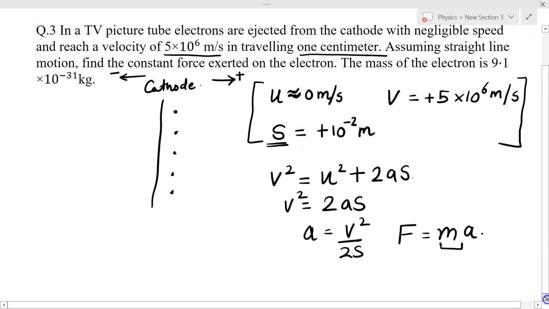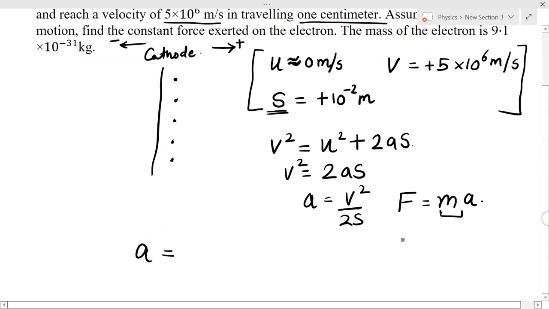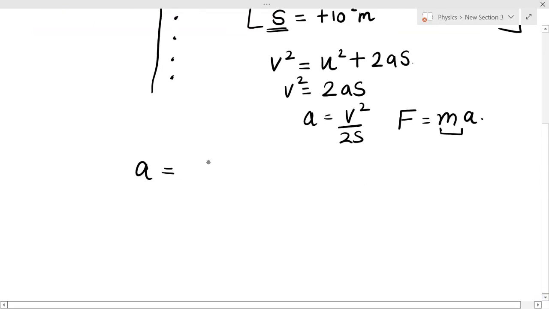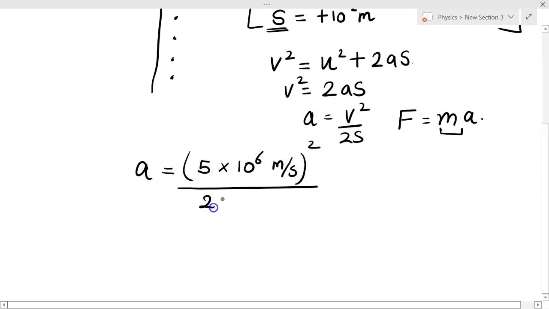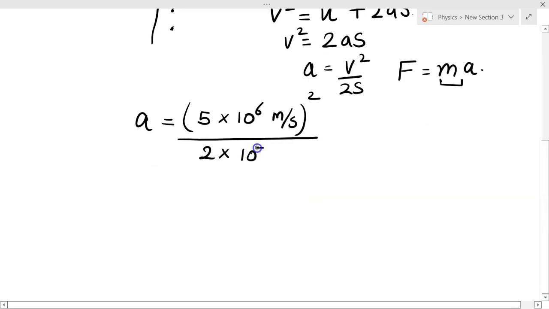So now let's find the acceleration first. What is acceleration? v square. Now v is given to be 5 into 10 to the power 6 meter per second. So here I am writing 5 into 10 to the power 6 meter per second whole square divided by 2 times displacement. What is the displacement here? 10 to the power minus 2 meter.